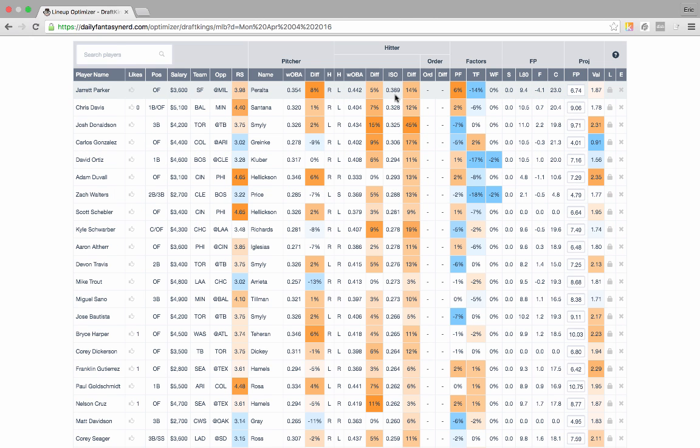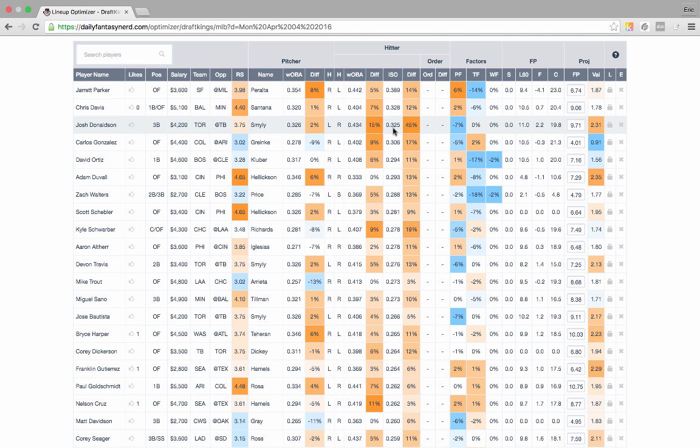For some of these players, like Jarrett Parker, he has a small sample size, so that's something to consider, and he'll be priced lower accordingly. In fact, for these percent differences here, we actually regress them towards the league average if they haven't hit a certain sample size target that we found is reasonable. That's all something that we've built into these percent differences as well as into the projections here.